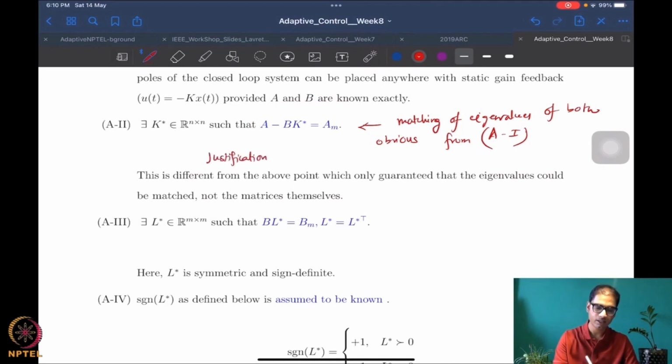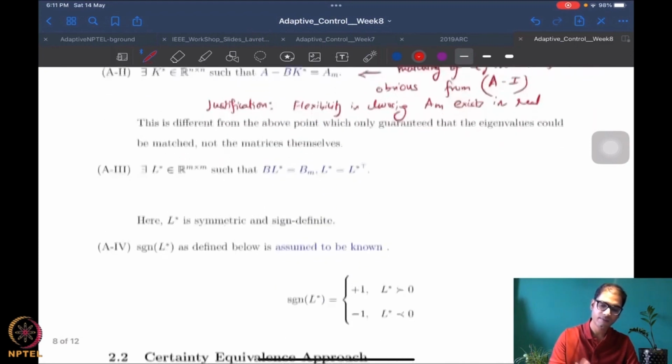for this assumption. Okay, we are not saying that this is without any flaws. These assumptions have a lot of flaws, but again, these are the only conditions under which solutions exist. So what is the justification? It's that flexibility in choosing AM exists in real problems.